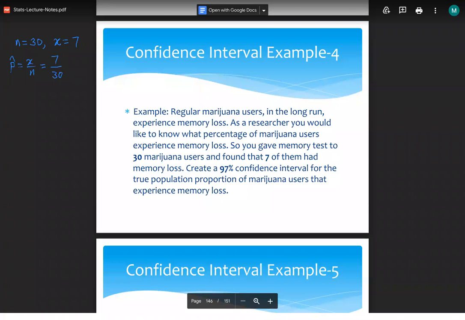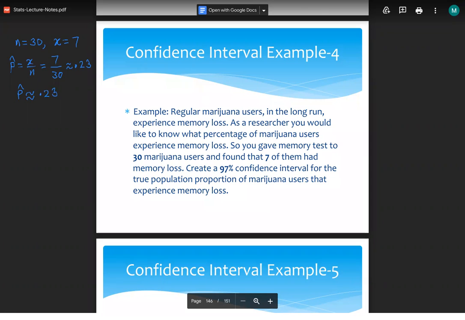Which is, by the way, approximately 0.23, I believe. Okay, so let me just double check to make sure. 7 divided by 30 is 0.2333. So I round it to 0.23. So your p hat is approximately equal to 0.23.